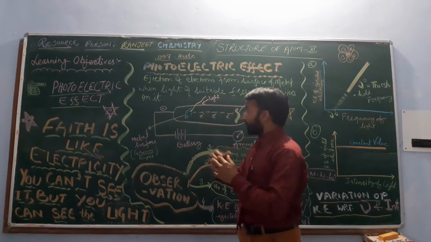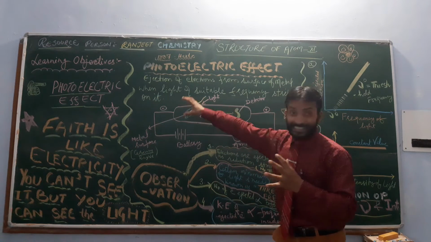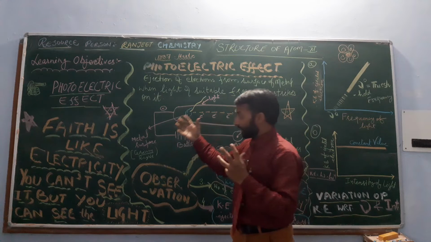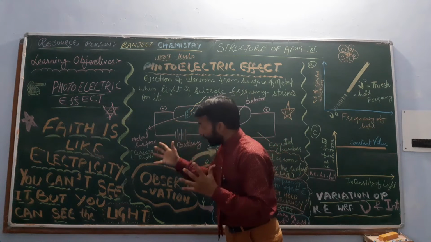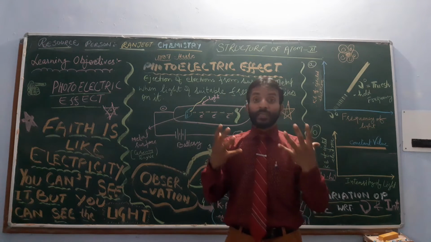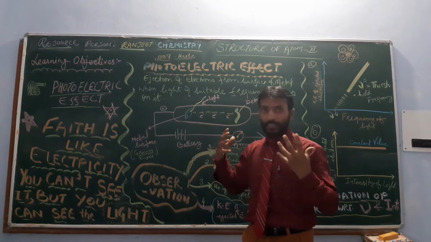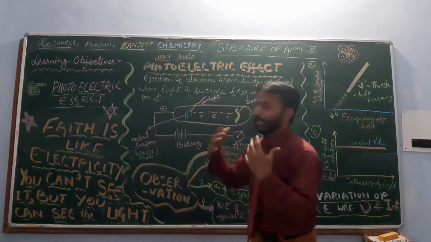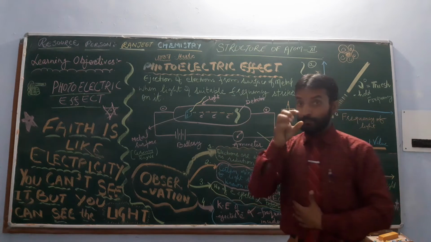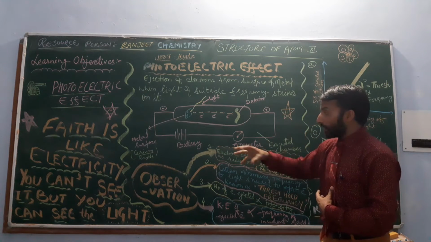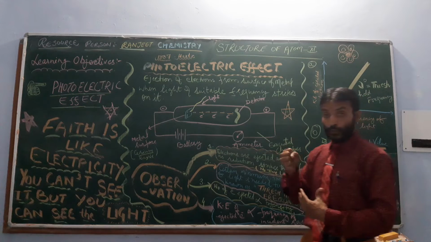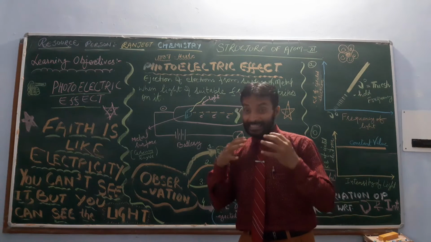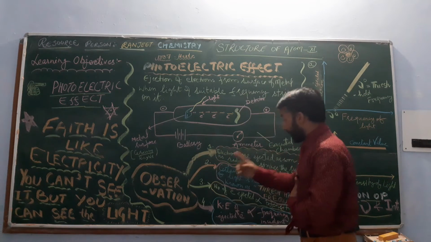The cesium metal, which is used in photoelectric cell, right? Cesium, rubidium, sodium, they are the best metals, right? So generally cesium is used there. So it varies from metal to metal. The minimum frequency required to eject electron is known as threshold frequency, and it varies from metal to metal.